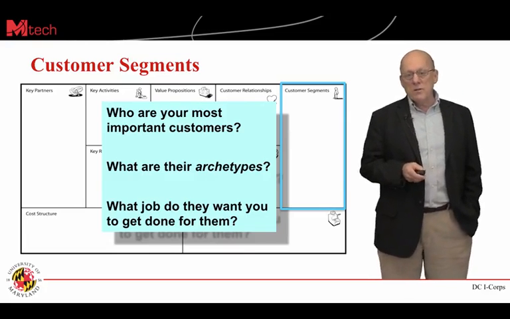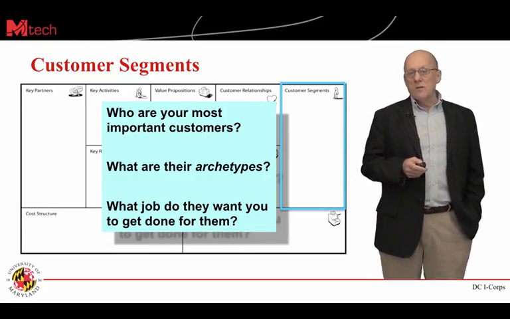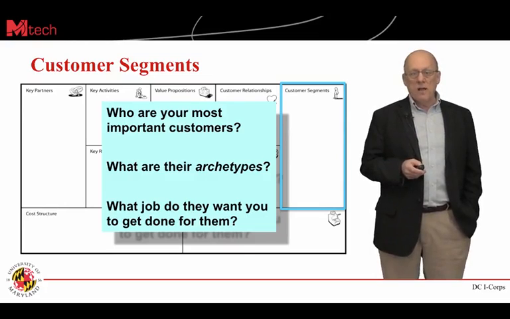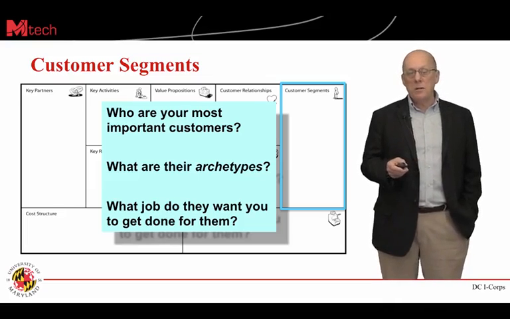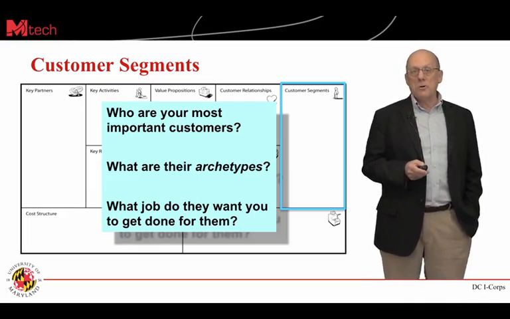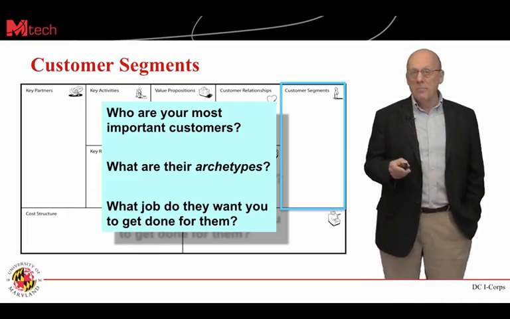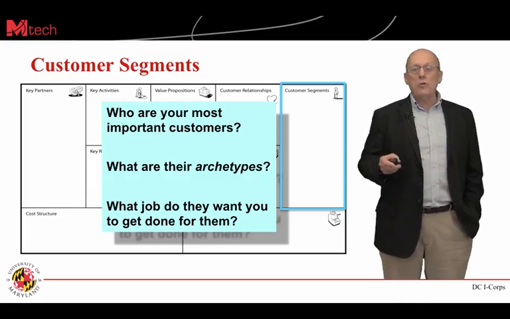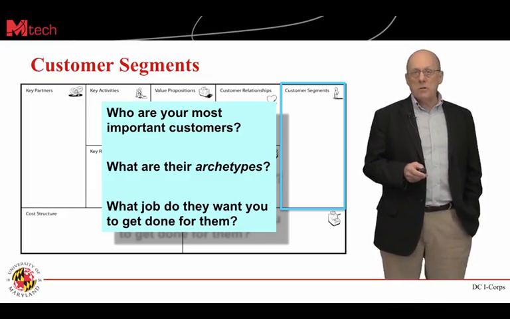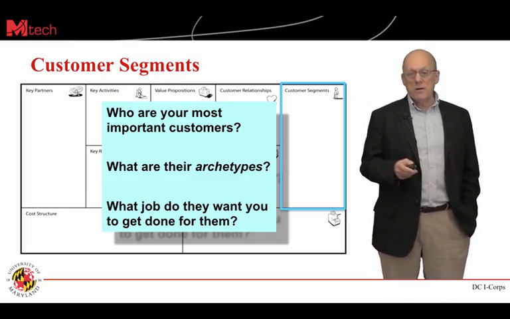Customer segments, on the extreme right-hand side, is what we've been talking about the last couple of lectures. Who are your most important customers? We're going to be talking about a thing called a customer archetype, which is a picture of who your customer is. A soccer mom, Joe the plumber. It's a vivid picture of somebody who's a specimen of the customer you're trying to reach.